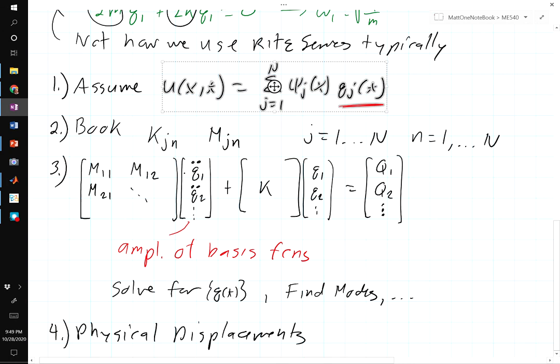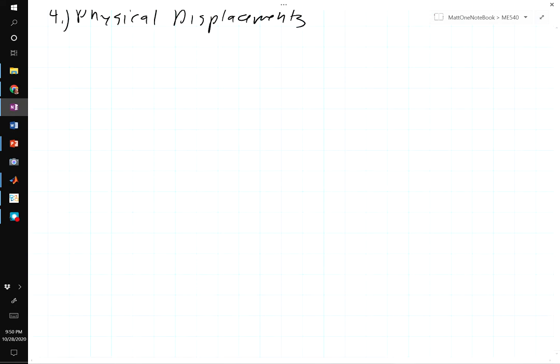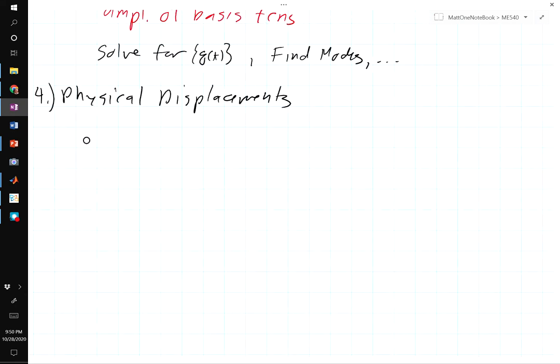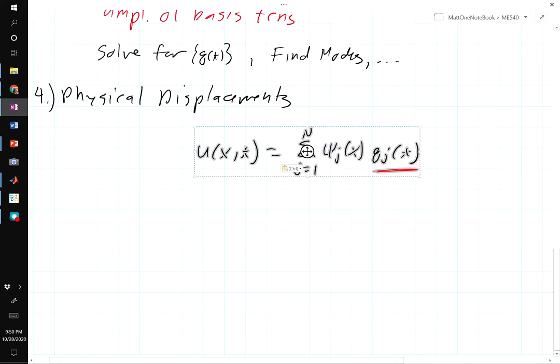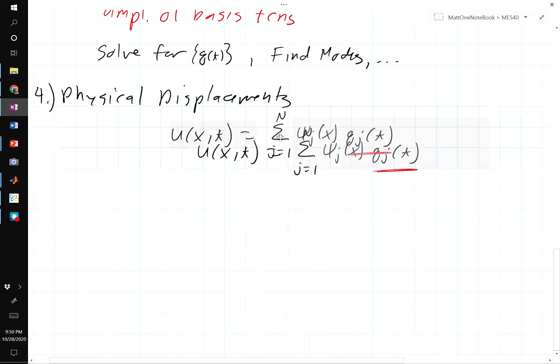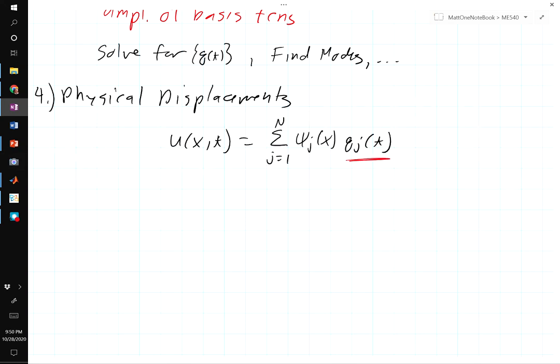We're going to use this formula again. So this is our key to relating the Qjs to the physical displacements that we're interested in. All right, so that's all there is to it. Just those basic steps and some integrals to evaluate.